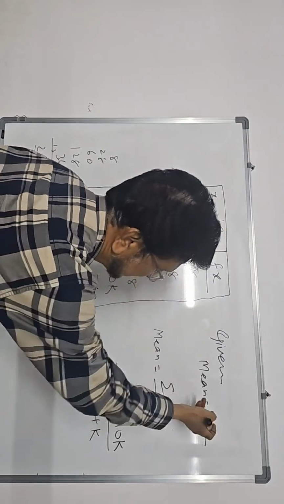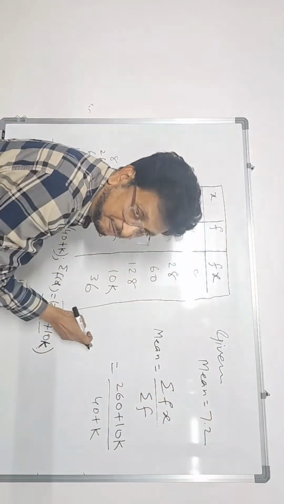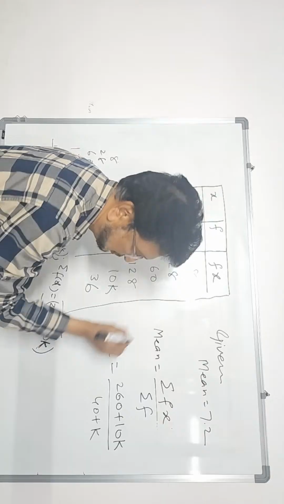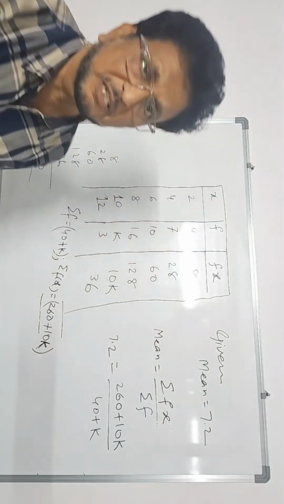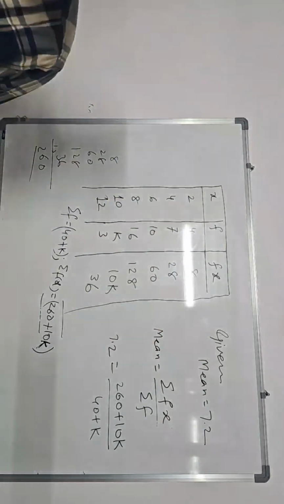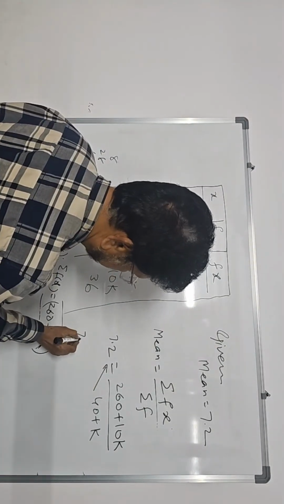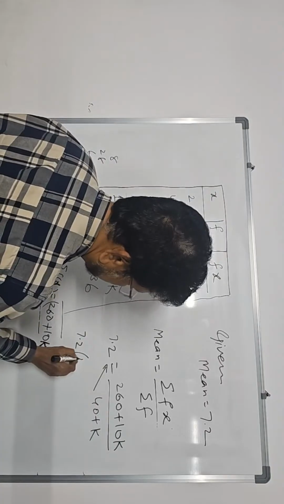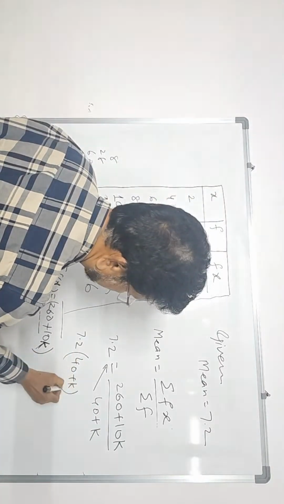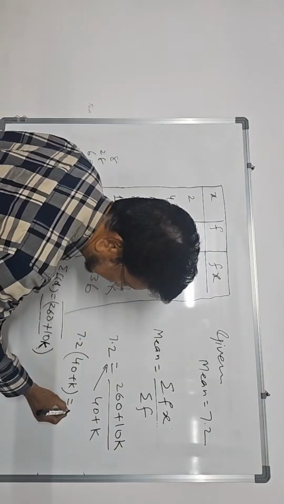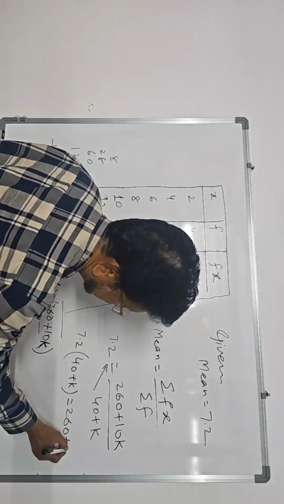But the mean is given as 7.2. Therefore, in place of mean, we shall write 7.2. Now with the help of this equation, we can get the value of k. Cross multiply it. It gives you 7.2 bracket 40 plus k is equal to 260 plus 10k.